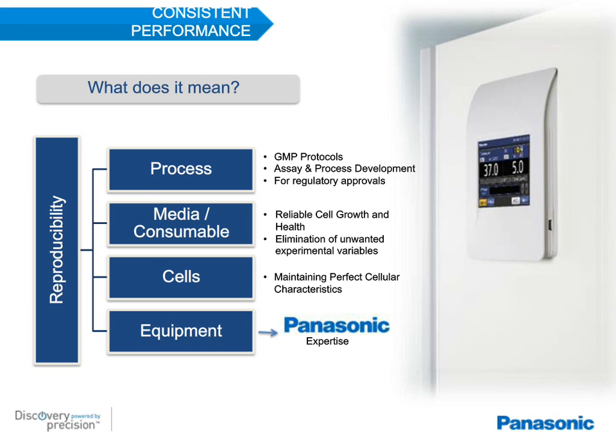There are several components that work together to provide a reproducible environment. The cells themselves, as we saw in the previous slide, need to maintain similar cellular characteristics. Media and consumables used, that means having the same media and consumables, eliminate the unexpected experimental variation to a certain extent.